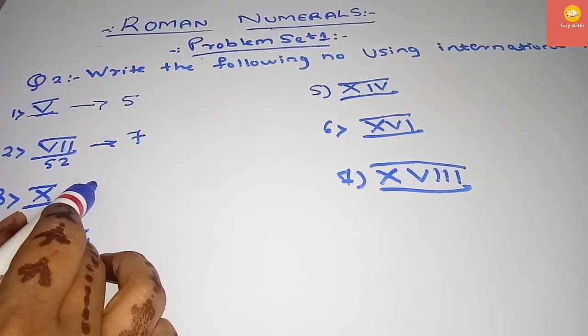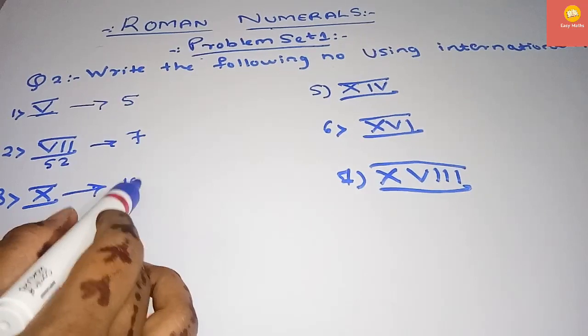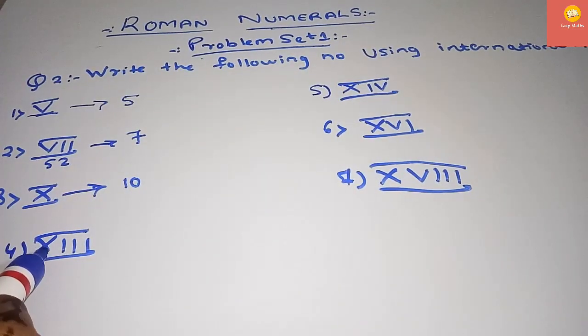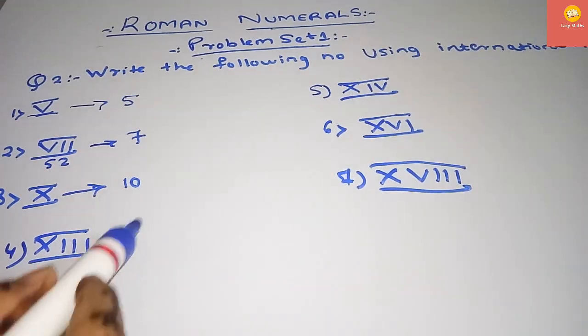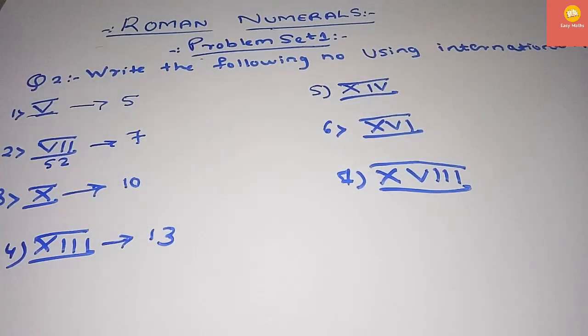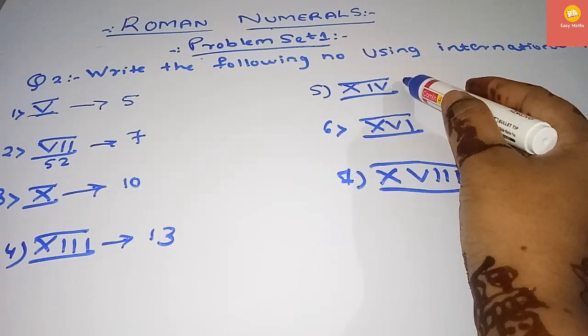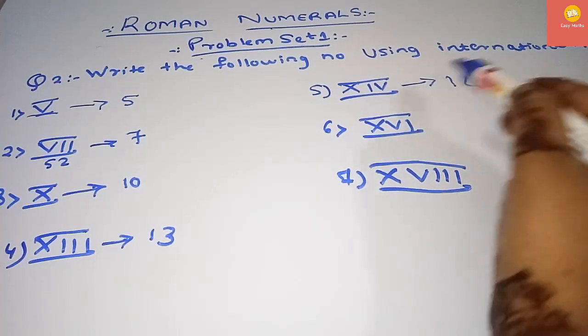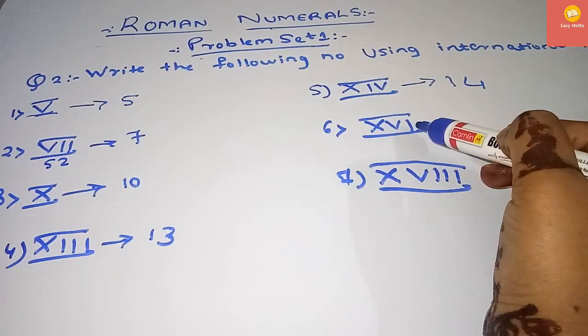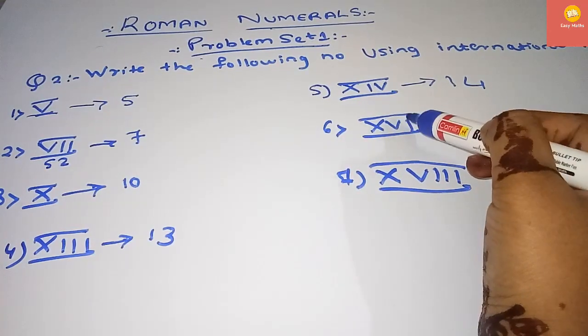Okay. Capital X, we know it is 10. We know this is 10 and 3 I's. 10 plus 3 is 13. Okay. 10 and this is 4. 10 plus 4 is 14. Okay. This is 10 and this is 6. 6 is on the right hand side.